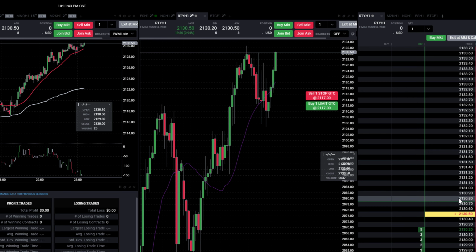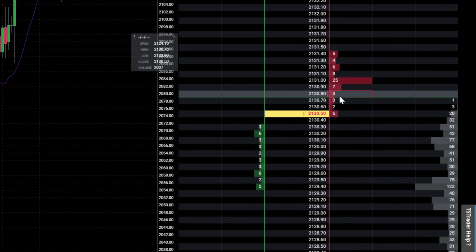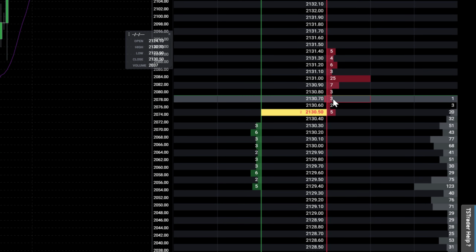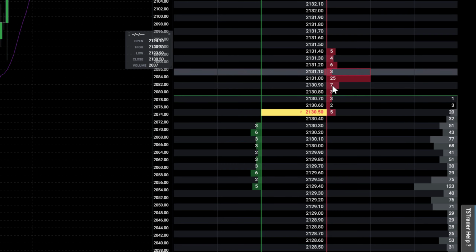So knowing that and having that awareness, I would not be looking for possibly a one entry on this particular short. I would not be entering here at 2130 because it is so easy to push price, particularly given the fact that we're in this zone.